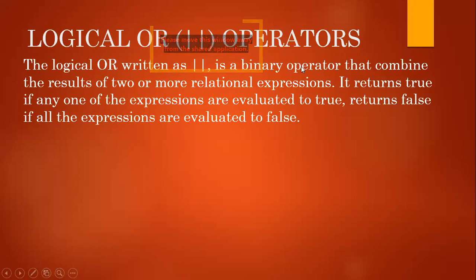It is a binary operator that combines, the same as and, the result of two or more relational expressions. It returns true if any one of the expressions is evaluated to true. Now understand, this is the way it functions.